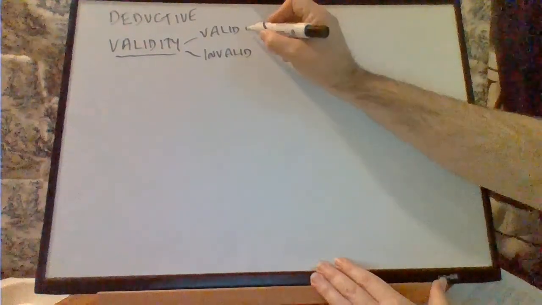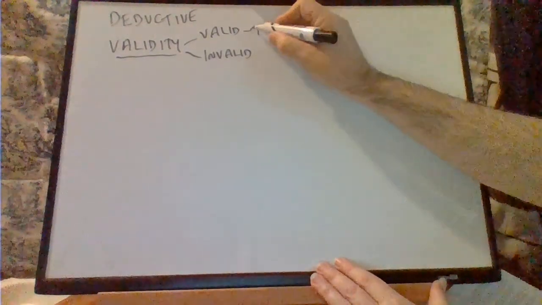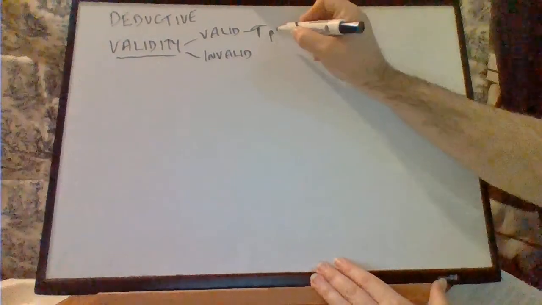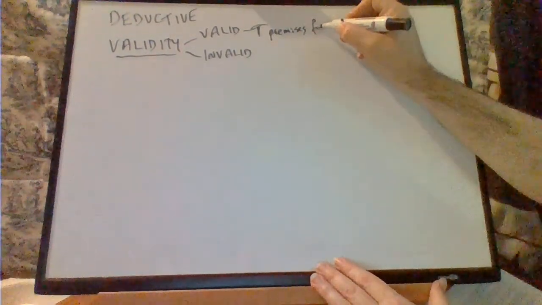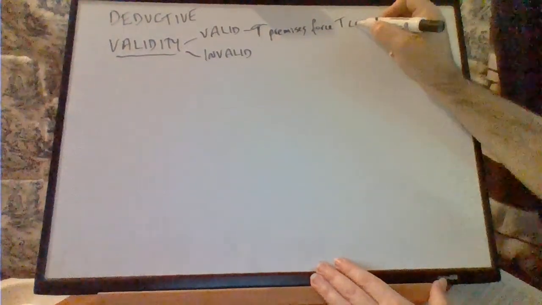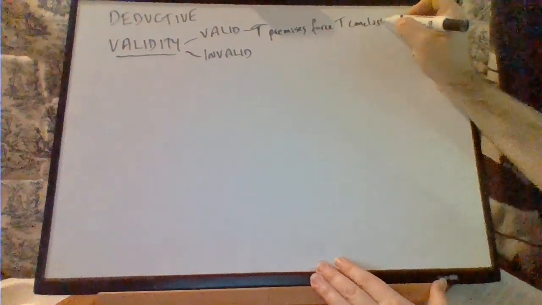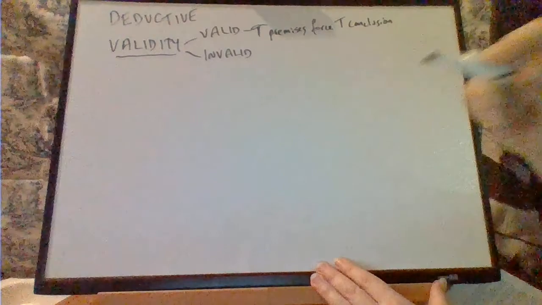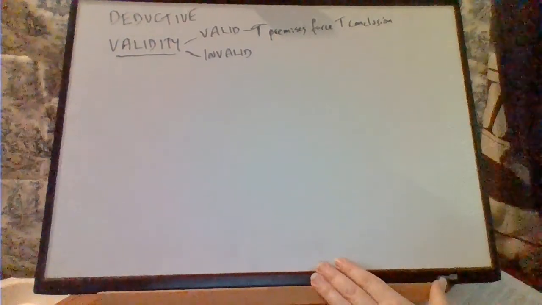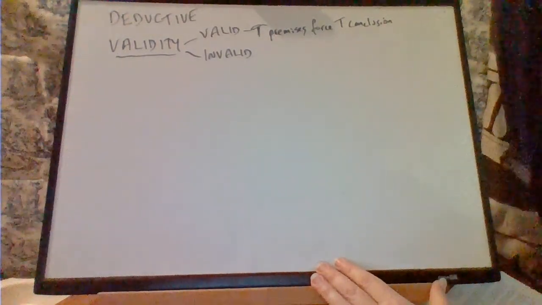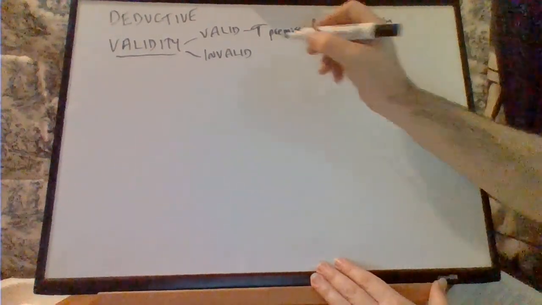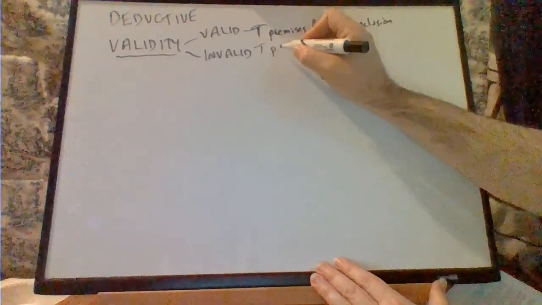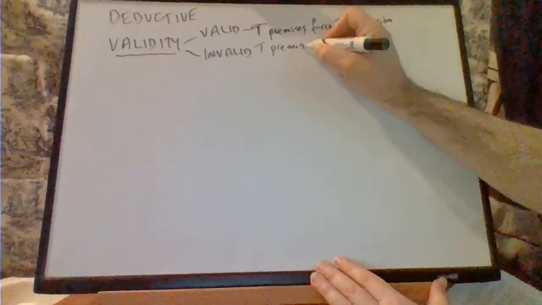So a valid argument is one where true premises force a true conclusion. An invalid argument basically is going to be anything else, but essentially the true premises do not force a true conclusion.